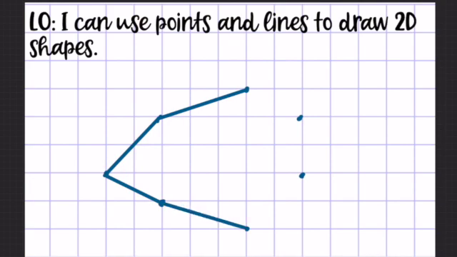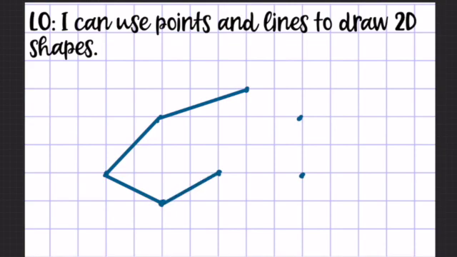Now, that line that I've just drawn could almost look like one line. So do you know what? I'm actually going to rub that out, and I'm going to rub out this point, and I'm going to put a new point here so that it clearly is a separate edge.